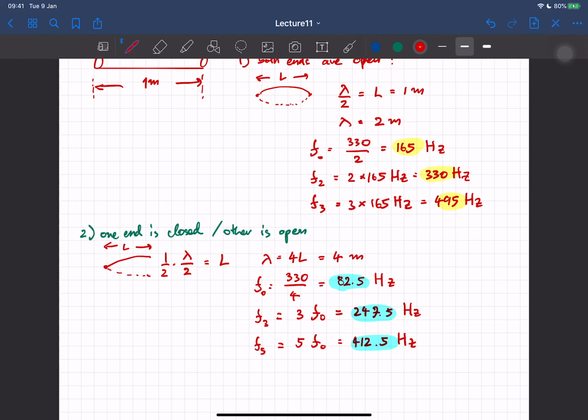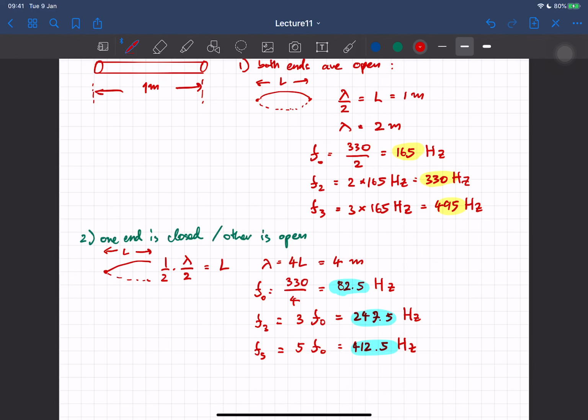So what's happening is that you're trying to blow at the other end, so you're trying to kind of excite randomly any frequency, but only this one is gonna get excited more. So in the end, this is what you're gonna hear, because this is the only frequency that kind of survives and gives out a nice standing wave.